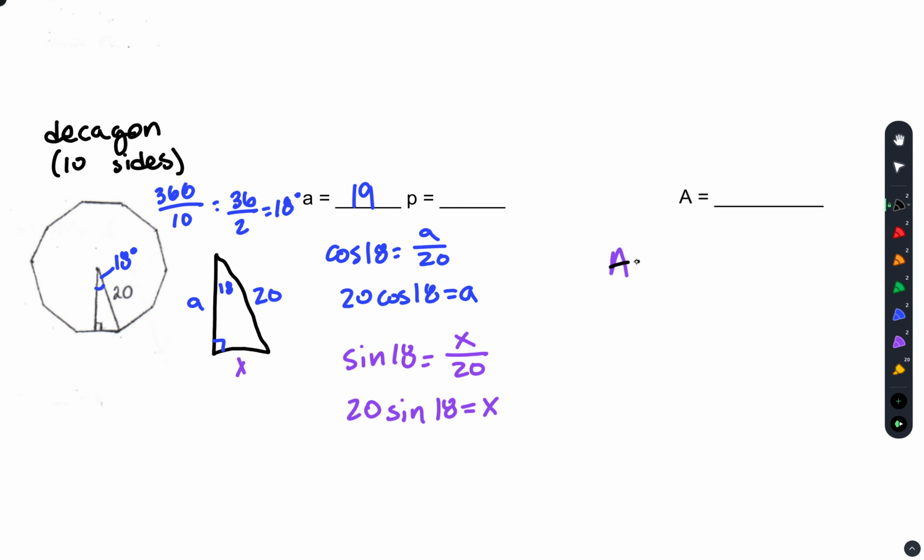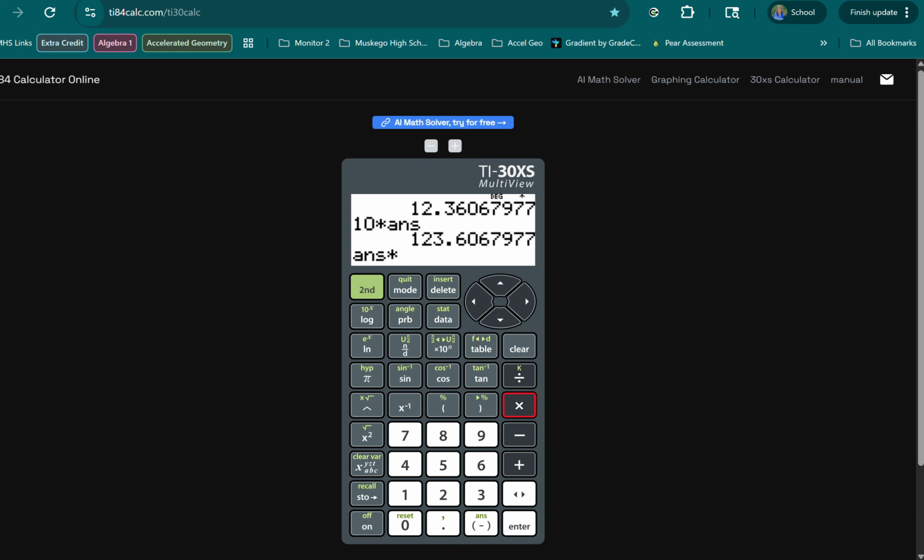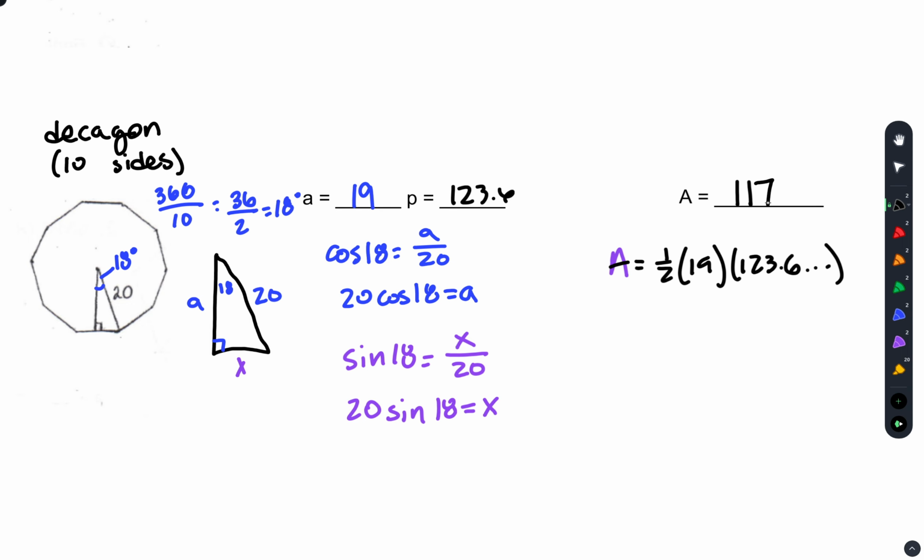So area equals 1/2, 19 times 123.6, something. There we go. My area is 1,174.3. Any questions on that?